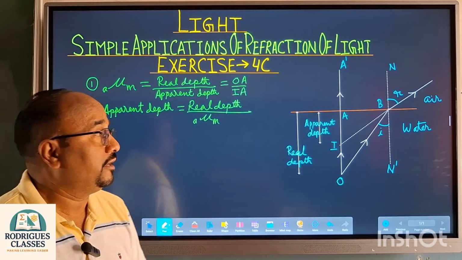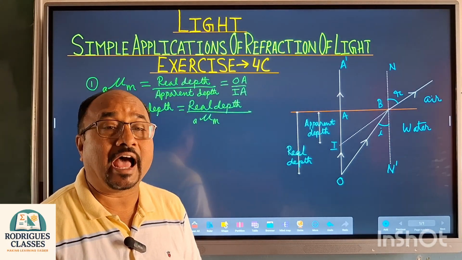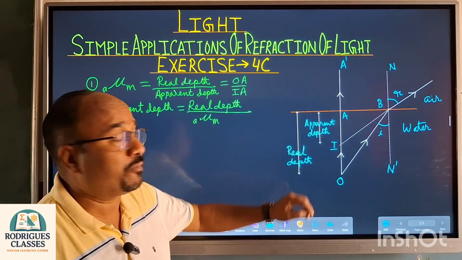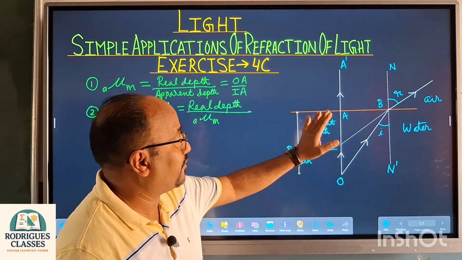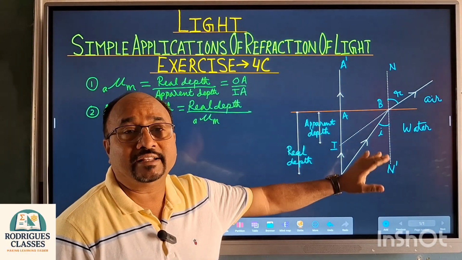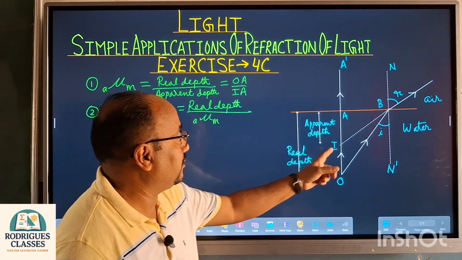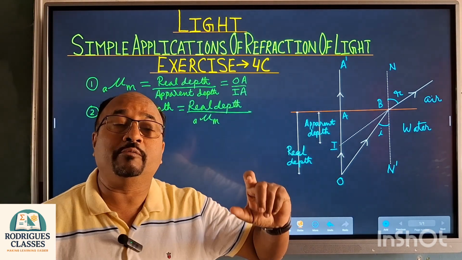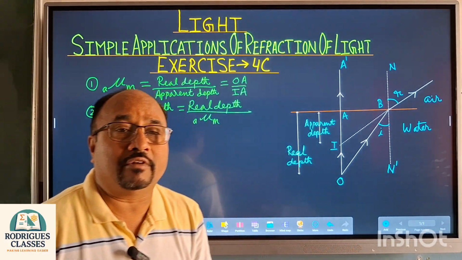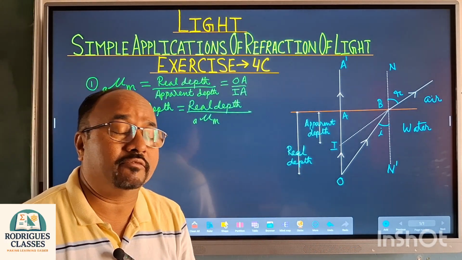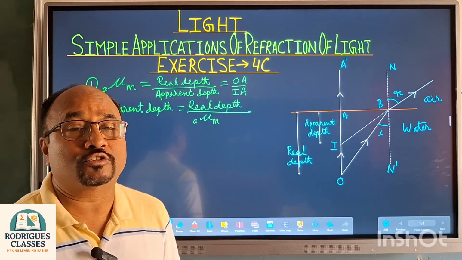What does it mean? As the refractive index increases, the apparent depth will decrease. Apparent depth decreasing means the position of I will be going up. So if I keep on making the denser medium with a higher refractive index, I will get a smaller apparent depth. It means the object will be seen at a much higher height compared to its actual position.